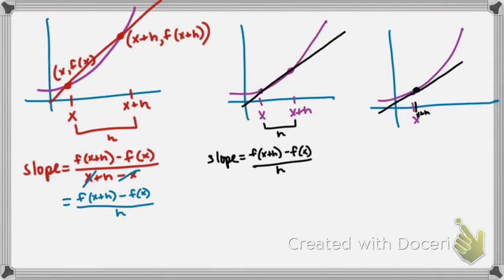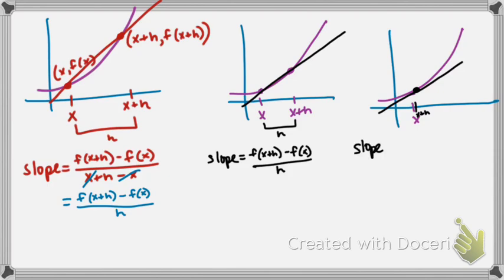We made h as small as we could, and we're going to keep making h smaller and smaller until h approaches what? We want h, the distance between the 2 points, to approach 0. And then I can find this slope.